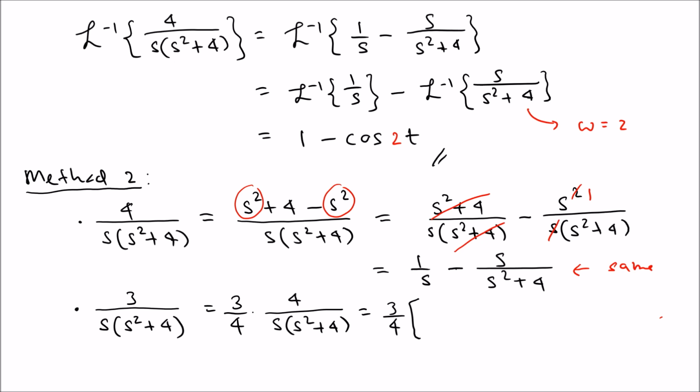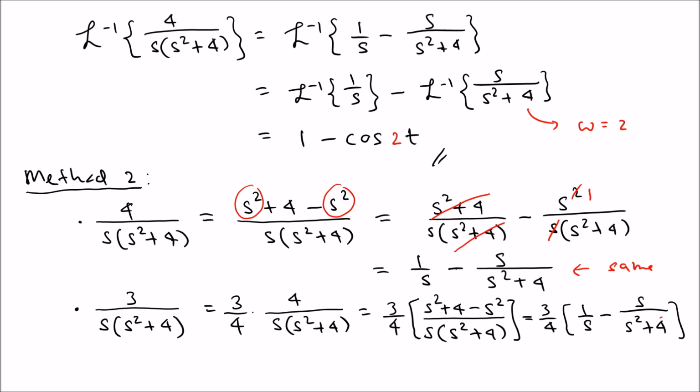We write this as s squared plus 4 minus s squared over s squared plus 4, and then we split. We get the same thing as before: from the first one 1 over s, from the second one s over s squared plus 4. The only change is a 3/4 factor, but that's okay.